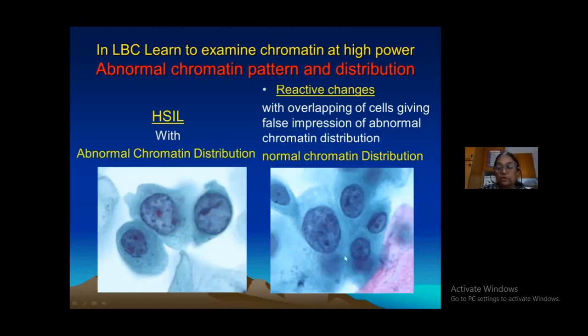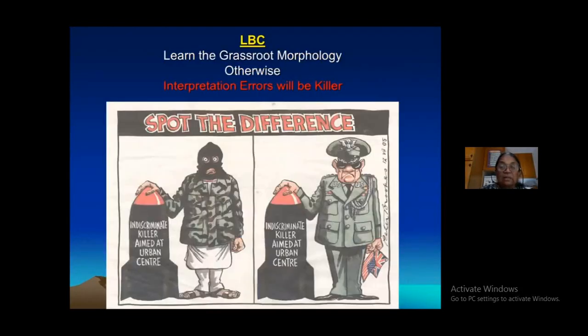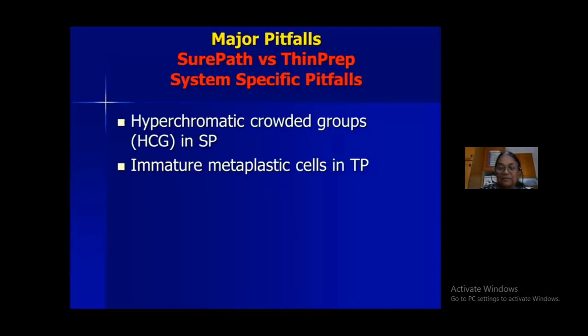This one looks very similar, but because of overlapping of the cell, it gives false impression of abnormal chromatin distribution, but the chromatin is very regularly distributed. So this is reactive changes, not SIL. To learn the grassroots morphology in LBC, otherwise interpretation errors will be killer.